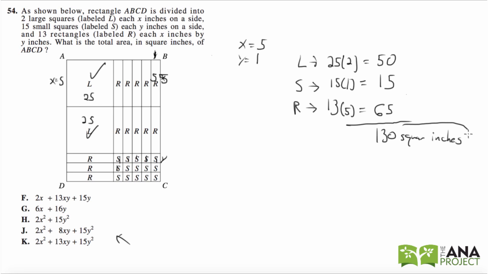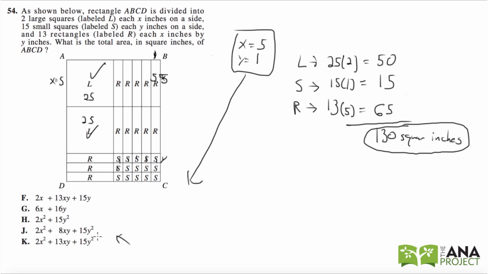So this is the area, 130 square inches. The last step is we just plug these numbers into the answer choices, and see which one comes up with our magic number 130.